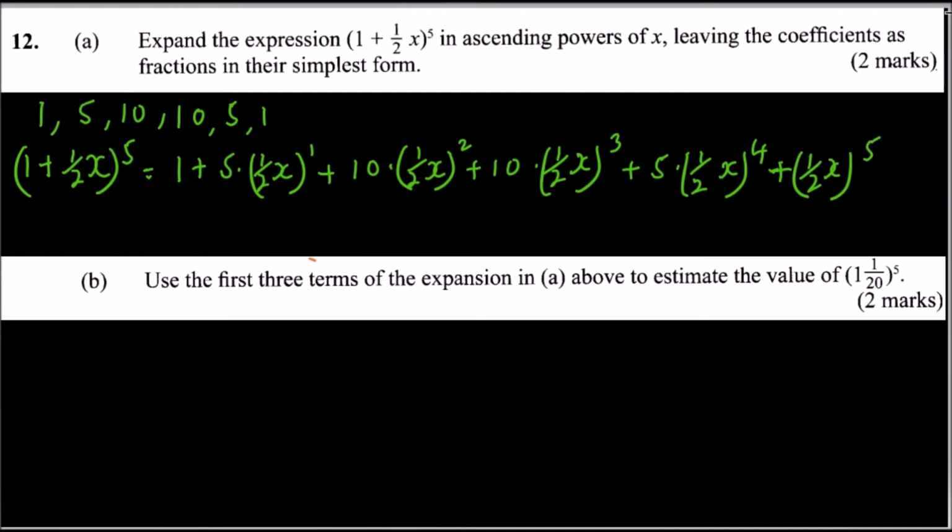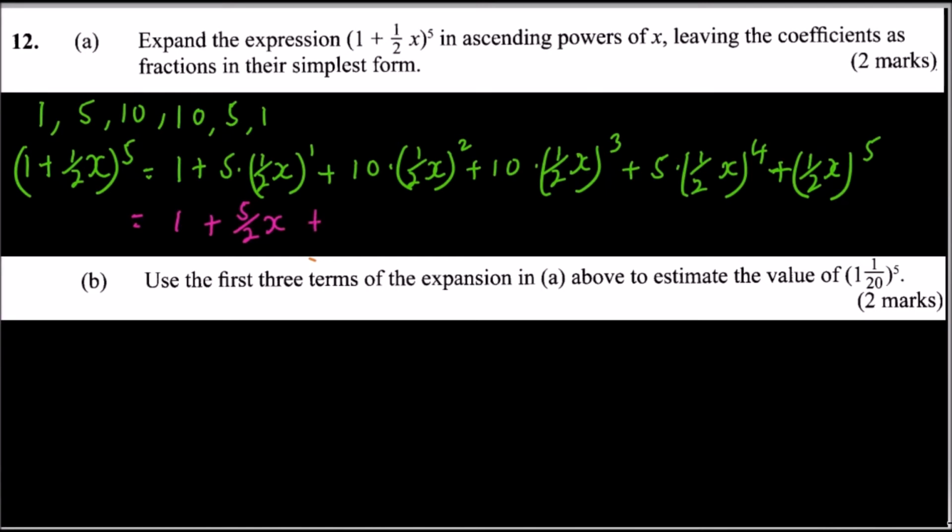Then from there you can simplify, and you say this is equals to 1 remains the same, plus this will be 5 over 2, 5 over 2x. When you open the bracket, a half squared is a quarter.